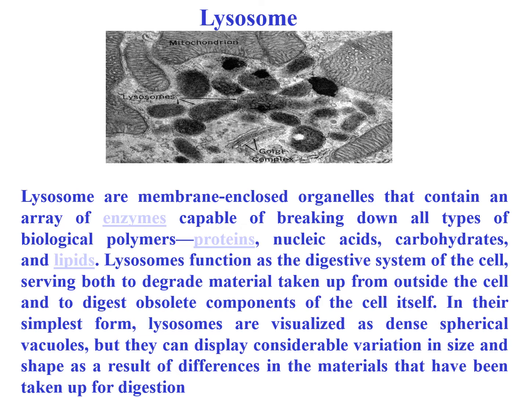And this is the lysosome. Lysosomes are membrane-enclosed organelles that contain an array of enzymes capable of breaking down all types of biological polymers: protein, nucleic acid, carbohydrate and lipid. So lysosomes function as the digestive system of the cell, serving to degrade material taken up from outside the cell. This is a very important organelle in the cell.